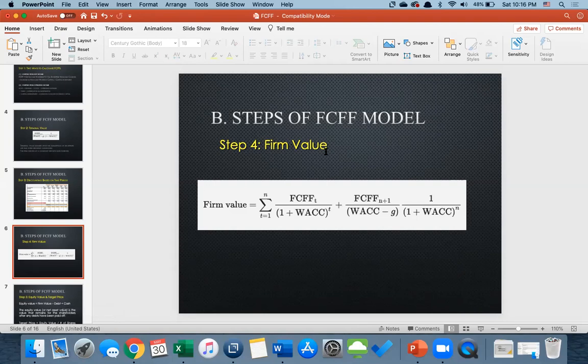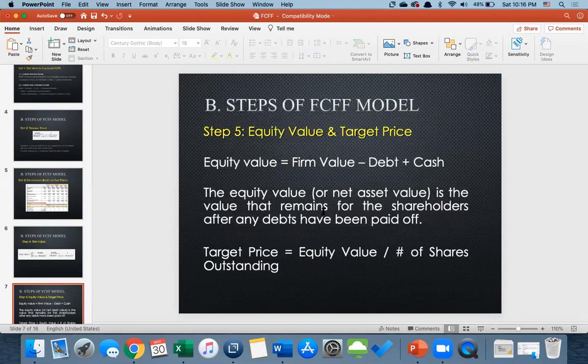After we get the firm value through the FCFF calculation, we can get the equity value. The equity value is firm value minus debt plus cash. The reason we minus debt is because the equity value is about shareholders but not bondholders.